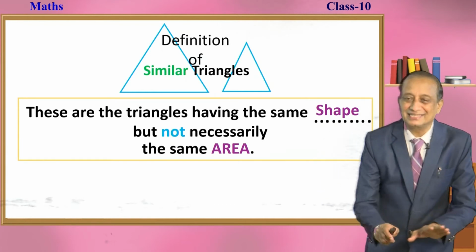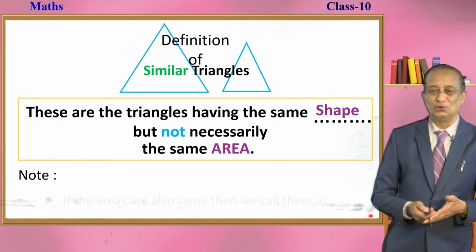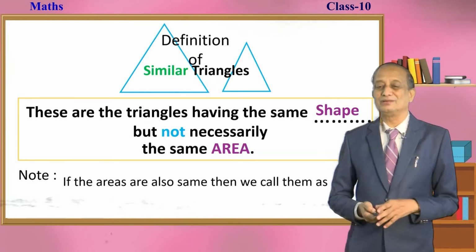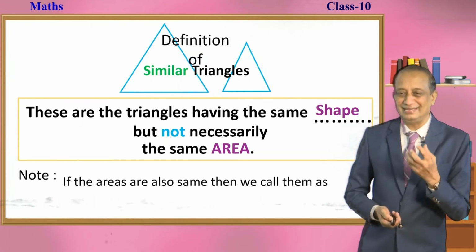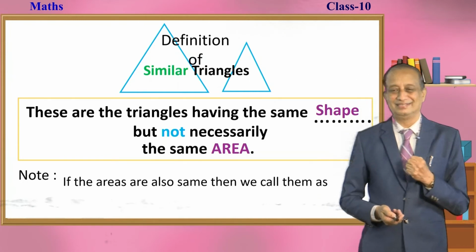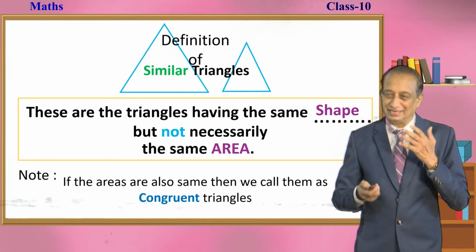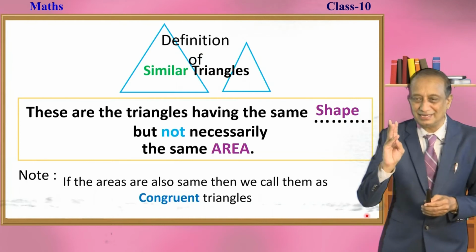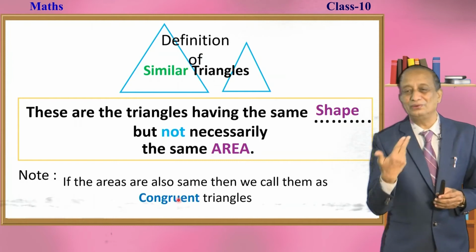If area is same, then look at the thing that is coming up to you under note. If the areas are also same, then come on, tell me, recall 8th, 9th standard geometry classes. Yes, we call them congruent triangles. Children, correct? Am I right? So, if shape is same, area is also same, then we must call them congruent triangles.